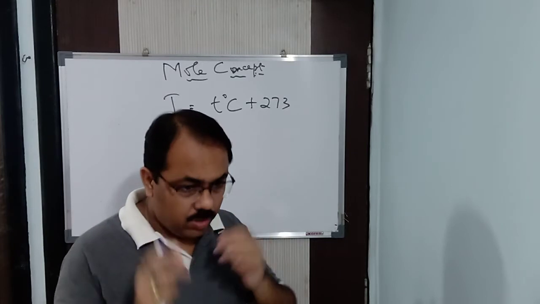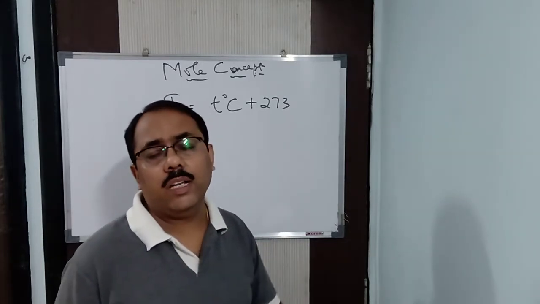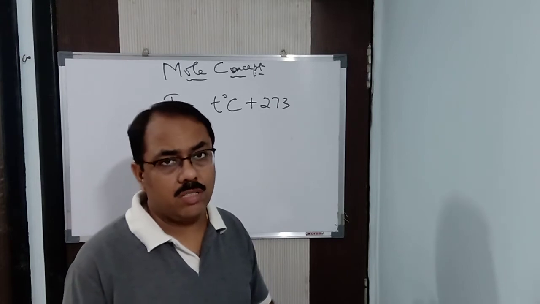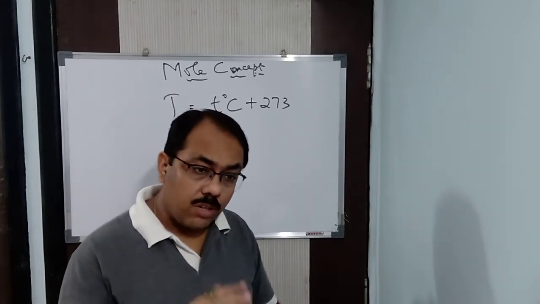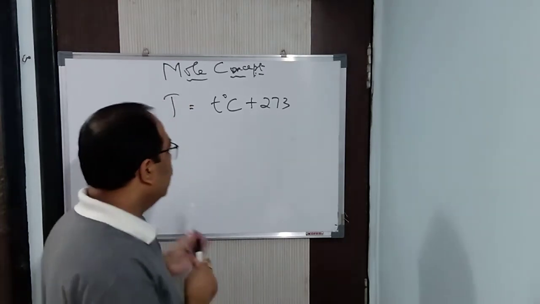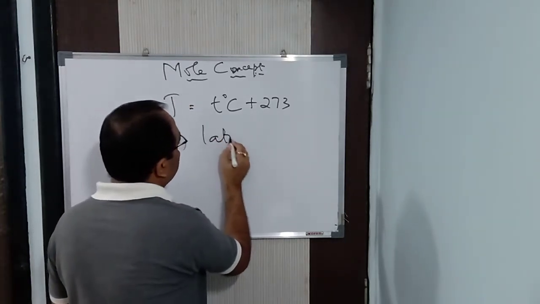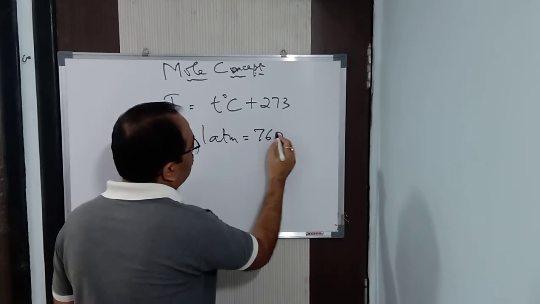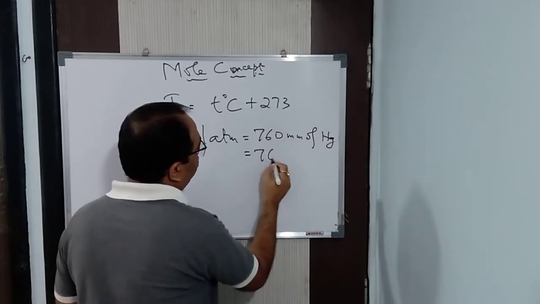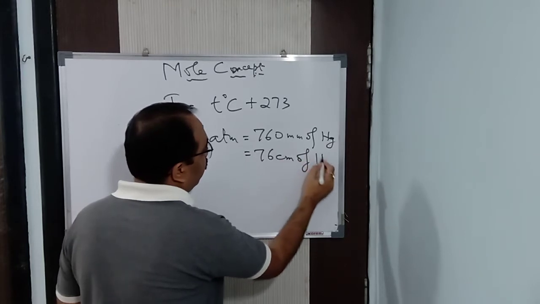Point number 2, you are supposed to calculate the pressure in terms of ATM if at all it is given, or you need to convert into ATM if it is given in millimeter or centimeter. That is, 1 ATM is equal to 760 mm of Hg or 76 cm of Hg.